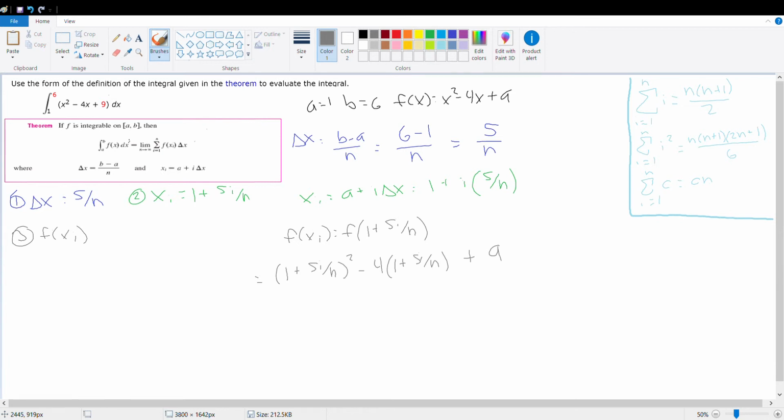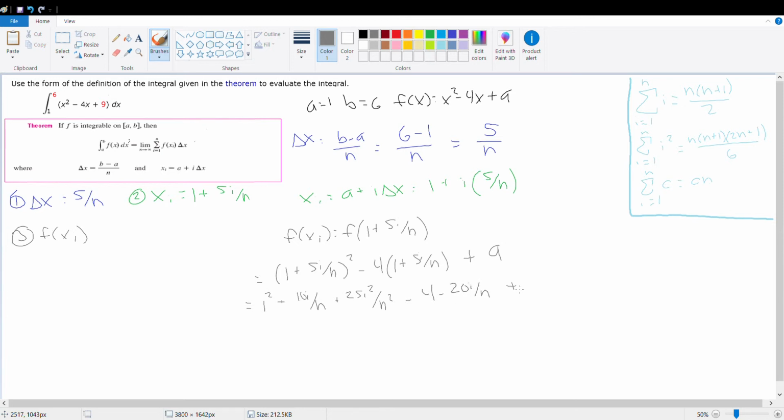And of course, we have to do some simplifying. For this first part, we get 1 squared plus 10i over n plus 25i squared over n squared. When we distribute the negative 4 into the parentheses, we get negative 4 minus 20i over n.